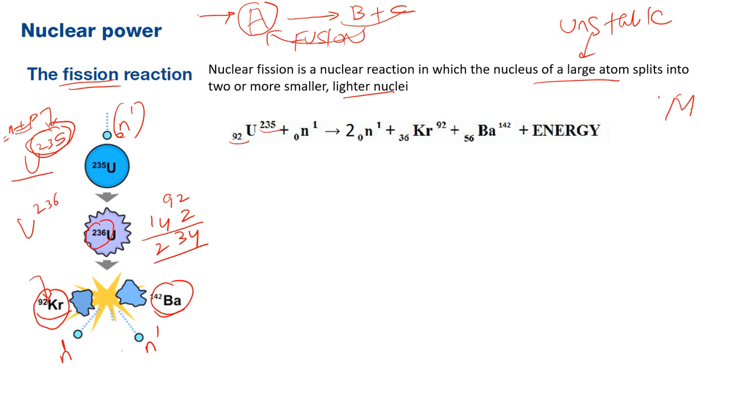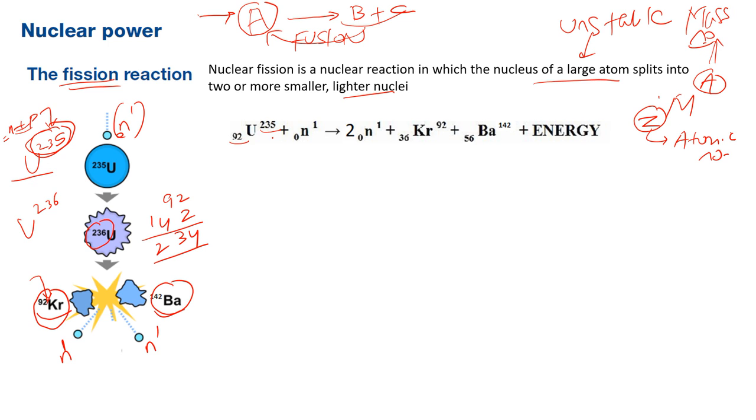Let's say M is any particular nucleus, you have A and Z. The number below, the subscript, is called the atomic number, and A, the superscript, is called the mass number.